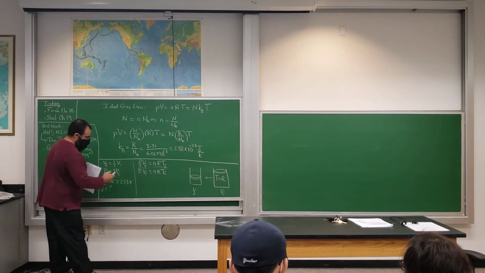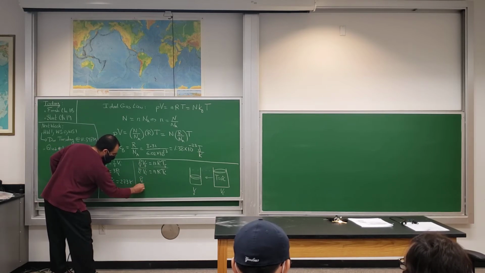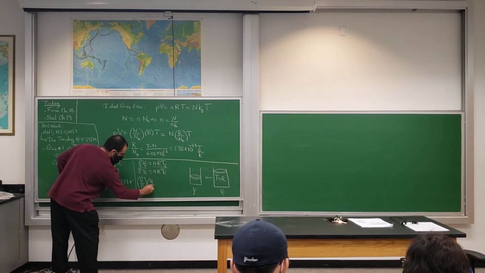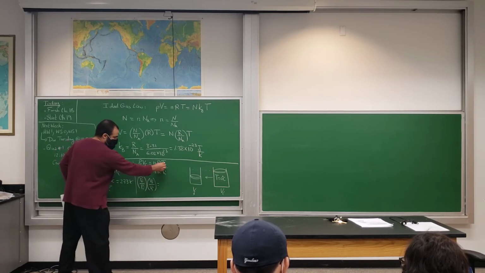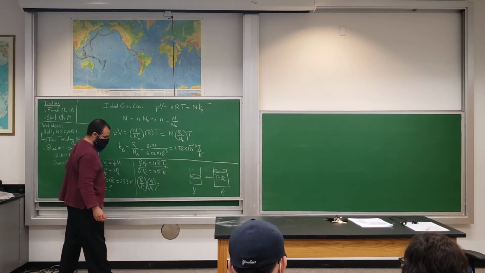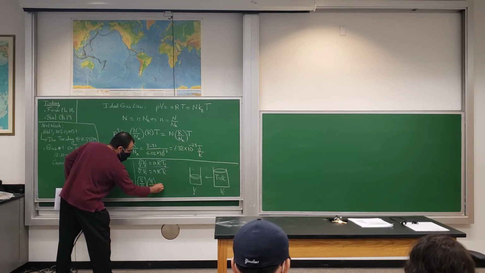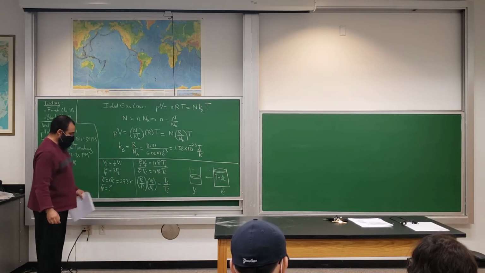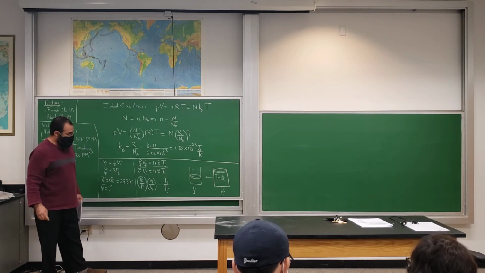And so you get P final over P initial times V final over V initial is equal to, when you divide, n over n cancels, R over R cancels, and you have T final over T initial, right? I would like to find T final, so multiply both sides by T initial, and then solve.